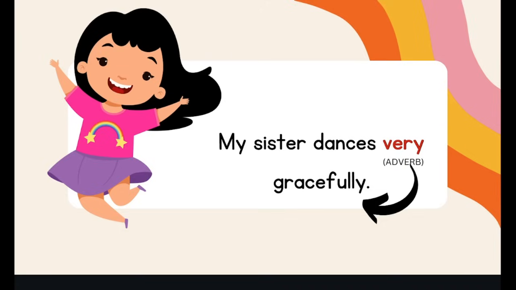Gracefully is an example of an adverb. So this time, an adverb modifies another adverb. Because it answers the question, how? Gracefully is an example of an adverb of manner.